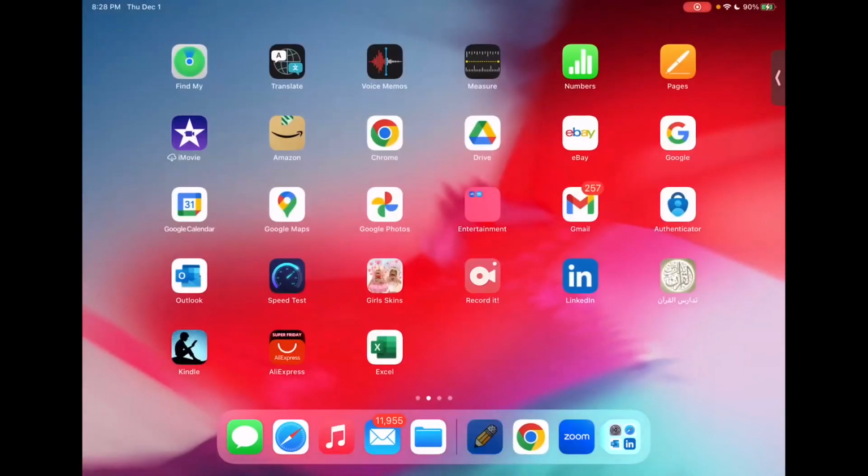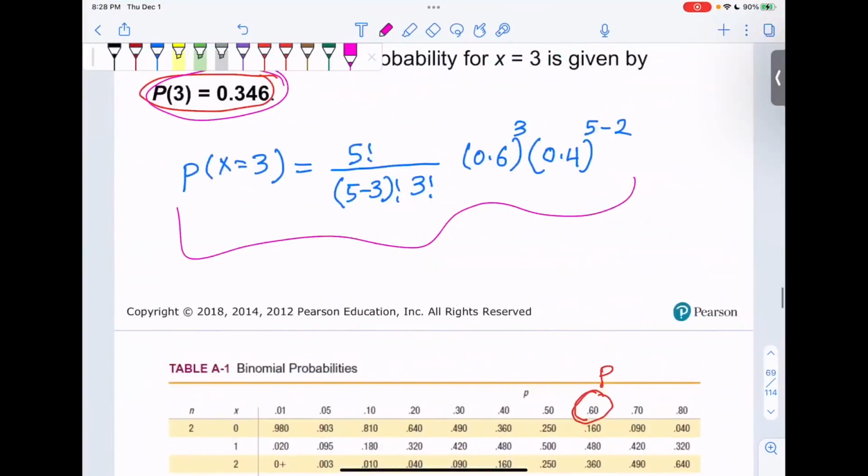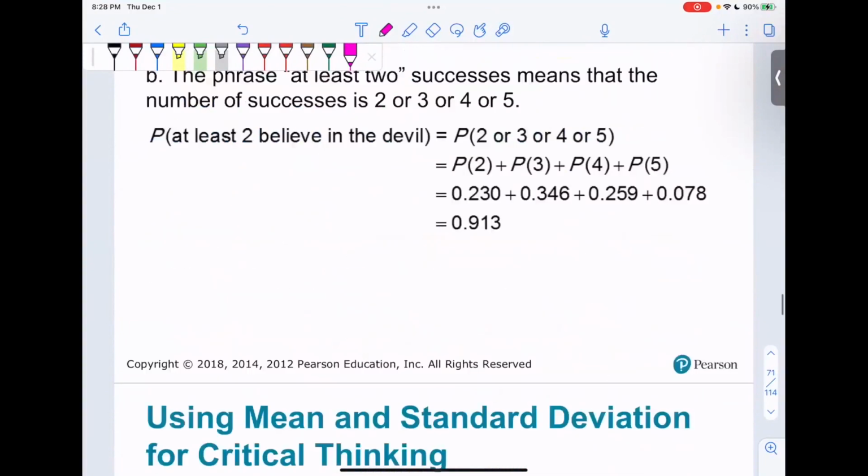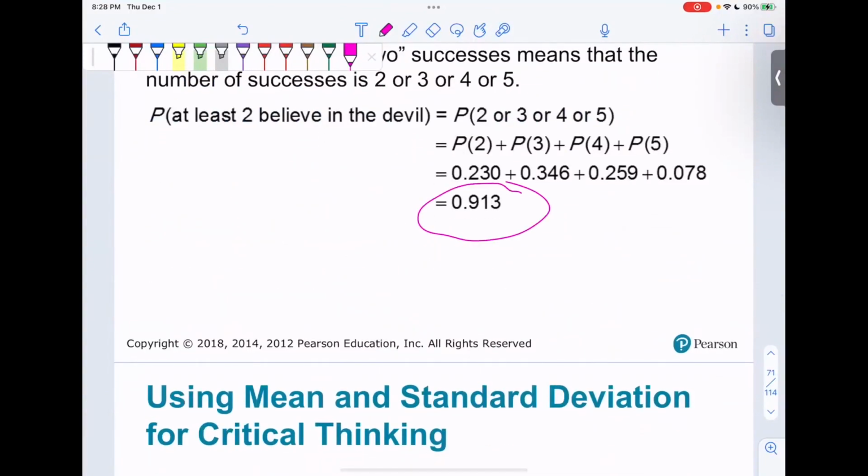Let's go back here and see. This one, right? So it will be 2, 3, 4, 5, or just use technology to find this value right away.